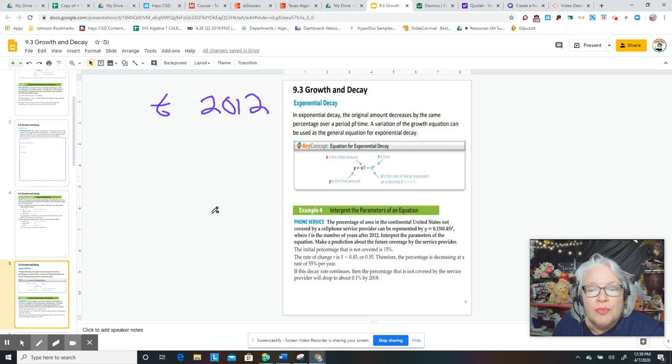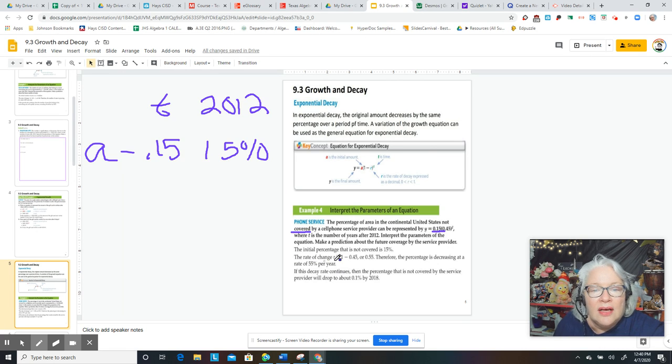Interpret the parameters of the equation. Make a prediction about the future coverage by the provider. So it's pretty much the same thing. Our a is 0.15. We are starting with 15% of the United States not covered by a cell phone provider.